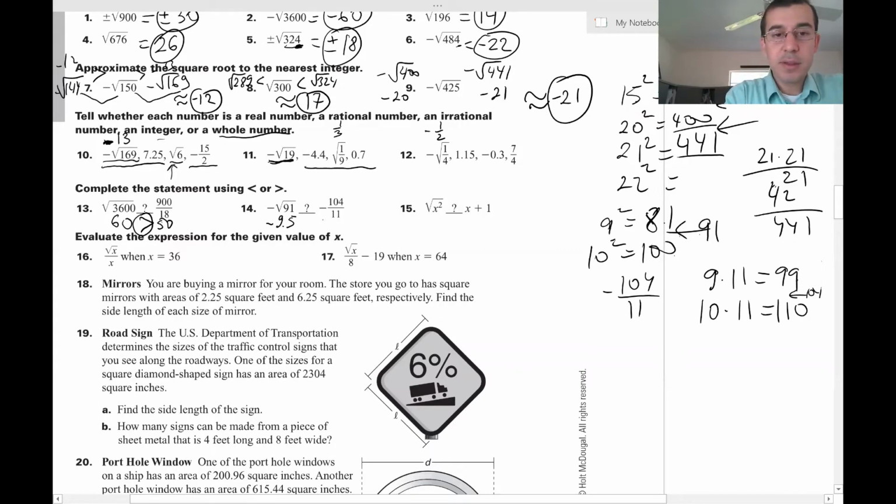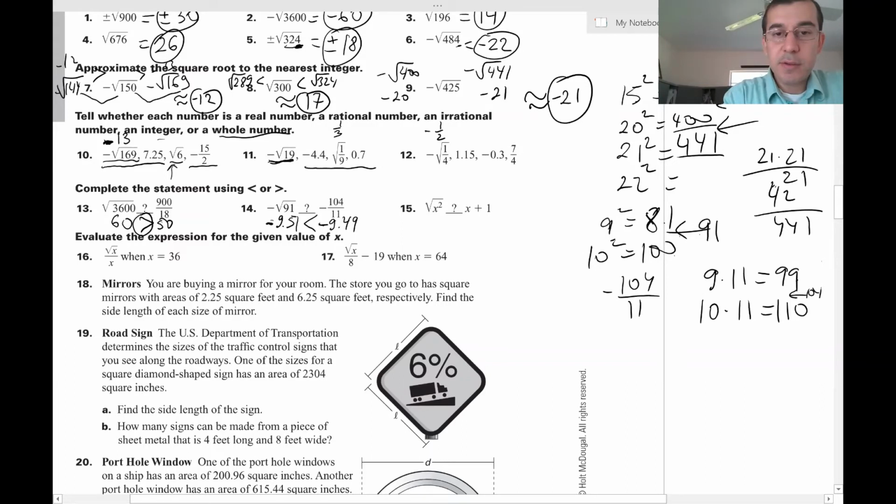So this is minus 9.49, versus 9.51. Because these are negative numbers, the smaller the number, the greater it is, because it's on the negative side of the x-axis. So minus 9.49 is greater than minus 9.51.